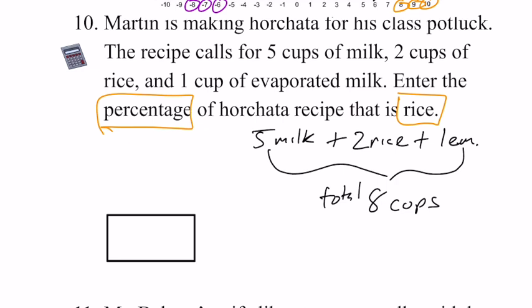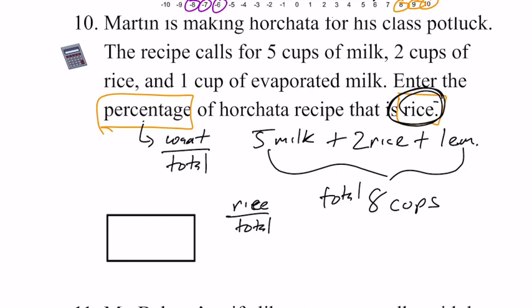But here's the thing. I only want rice. So a percentage is what you want over your total. So in this case, I want rice over my total. And my rice was 2 cups over my total of 8 cups.